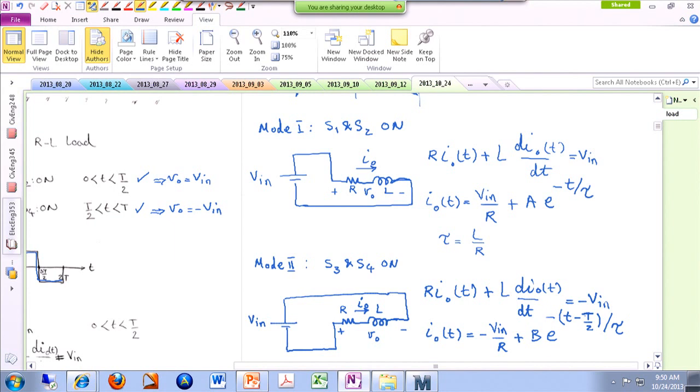And again, you can see that if you just leave the system by its own for a long time, you're going to realize that the dynamic of the inductor is going to damp down, and the current is going to be negative V over R. But there is a transient as well.